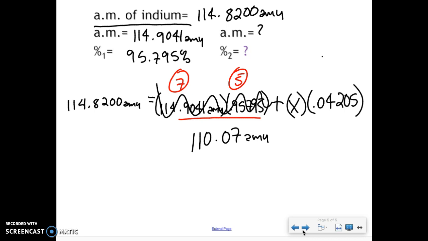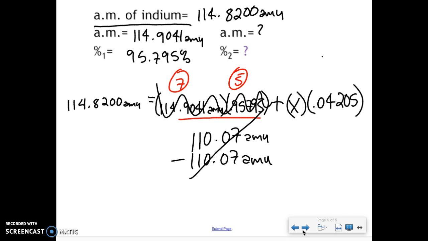Okay? So you guys, here's the thing. I want to get X by itself. It's very easy to get this 110.07 off of this side if I subtract 110.07 AMUs from this side. That 110.07 disappears.